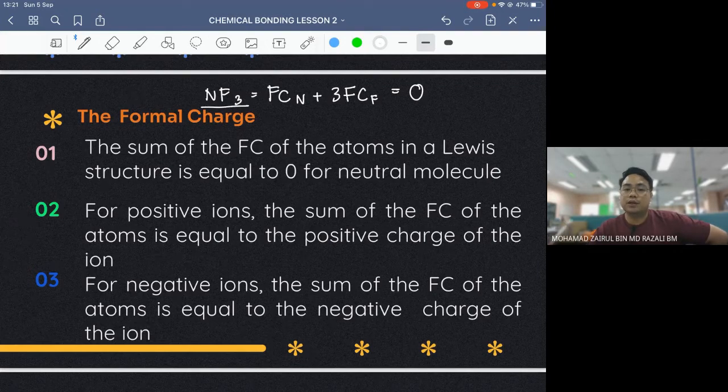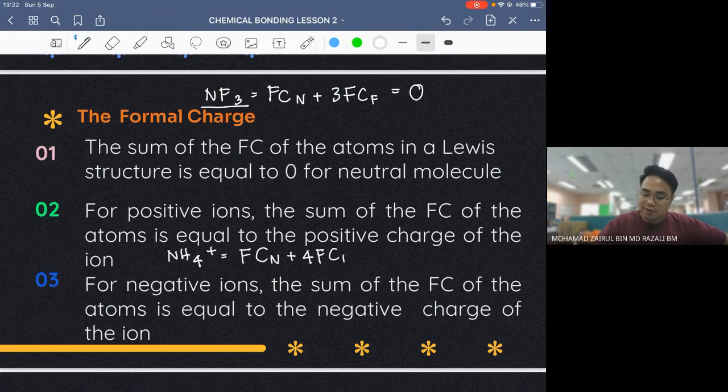Okay, for a positive ion, the sum of the formal charges must equal the value of the positive charge. For example, NH4 plus. If you calculate the sum of the formal charge of nitrogen plus 4 times the formal charge of hydrogen, you will get positive one, which equals the charge of the ion.